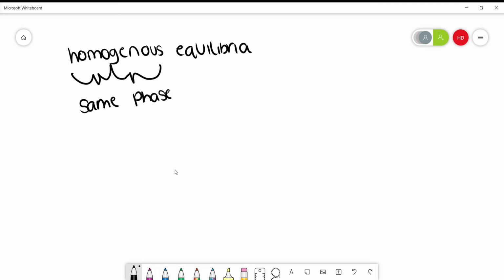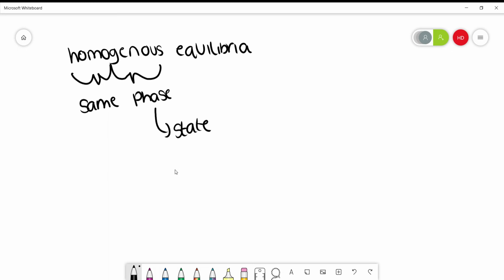So you may have heard the phrase homogeneous when you're talking about catalyst, and a homogeneous catalyst is one where the catalyst is in the same phase as the reactant. Phase is often used interchangeably with state at A level, and so what that means is, say you have a reaction using solids, if your catalyst is also a solid, it is a homogeneous catalyst.